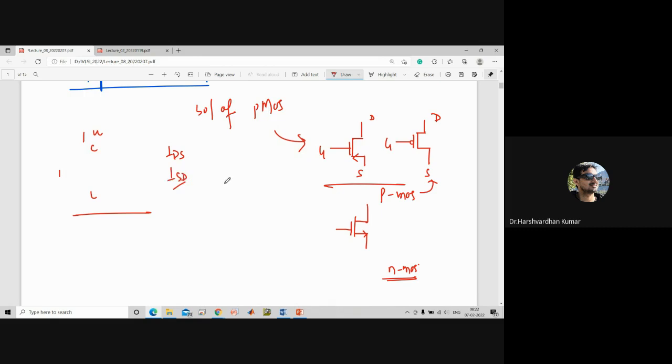Current is flowing from source to drain. So in that case, can you write it this way? The negative sign represents the opposite direction. So can we write it this way? Yes, sir. That's why I told you, current will either flow from source to drain or drain to source, but not from gate. Both are the same, just the direction will be different.